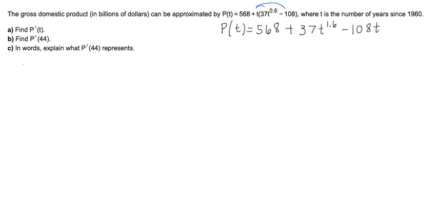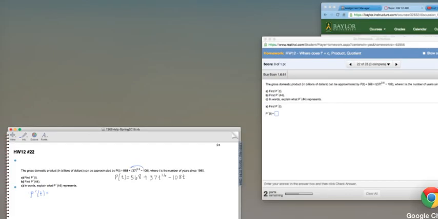Okay, so then p prime, I'm going to differentiate this. The derivative of 568 is 0. Then we have 37, and then I need to bring the 1.6 down. Let's see what 37 times 1.6 is.